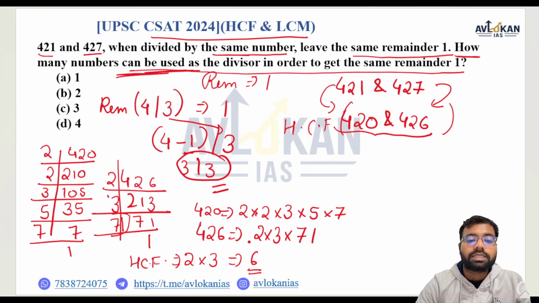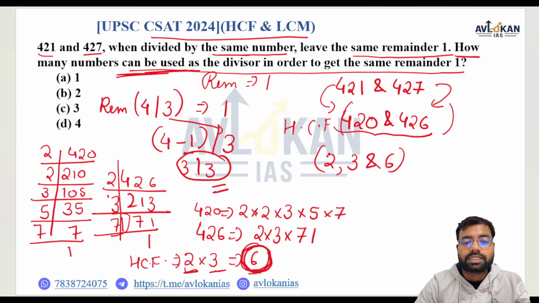All the numbers which are factors of 6 will also give the same property; they will also leave remainder 1. So the factors of 6 are 2, 3 and 6. That means I have 3 numbers, 2, 3 and 6, which when dividing 421 and 427 leave the remainder 1. So the counting is 1, 2 and 3. That means my answer for this question is 3.